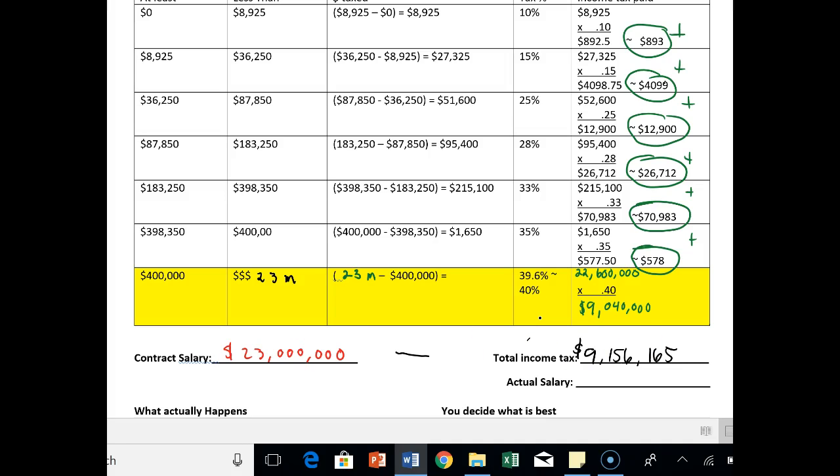So when I do 23 million minus $9,156,165, LeBron still at the end of the day gets to make $13,843,835. Now that's without endorsements, without all other sorts of income that he makes.